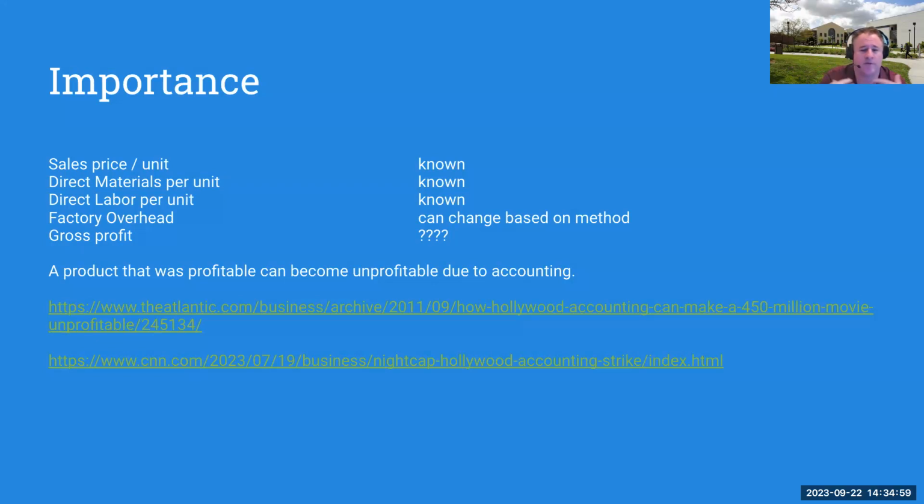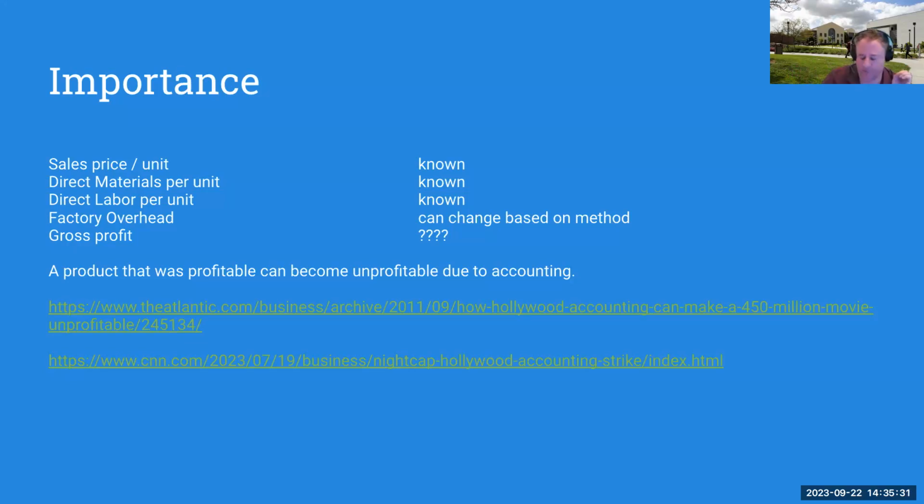Direct labor: if I'm tracking my jobs or my production, I can generally tell how much direct labor is being used on a particular product. So those two parts are known factors. What becomes unknown is factory overhead, which, as we'll see momentarily, depending on the methodology we choose, can change on a per unit basis. We'll see how that works.